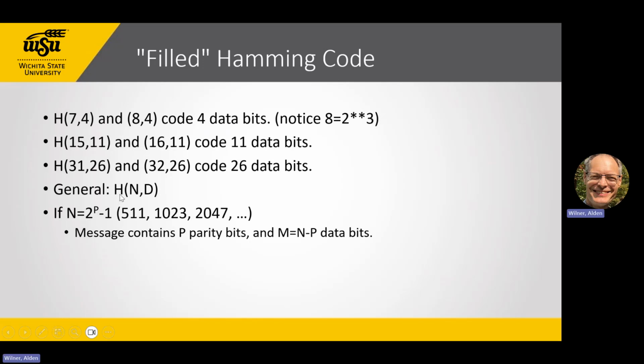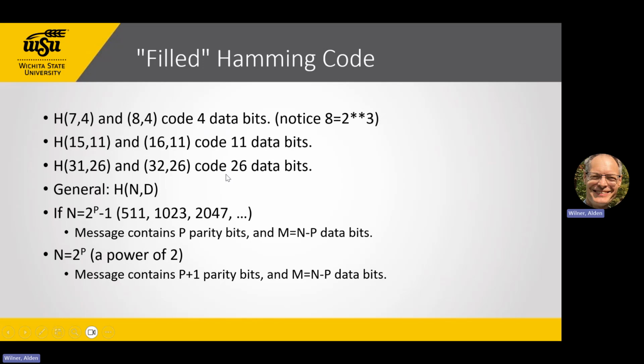So a Hamming message would have 511, comma 502, because there would be 9 parity bits in that message, okay? So the message contains P parity bits, however many parity bits there are in that power of 2, and M equals N minus P data bits. If N is a power of 2, then it contains P plus 1 parity bits, in other words, the full code bits. So if I had 512, that would be a Hamming distance of 4.